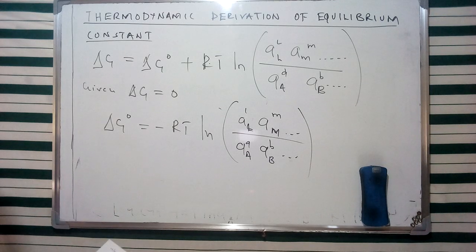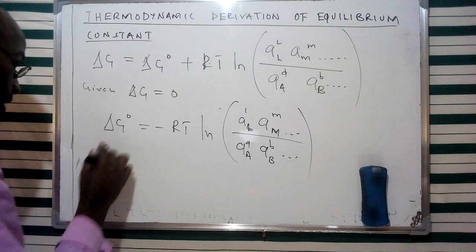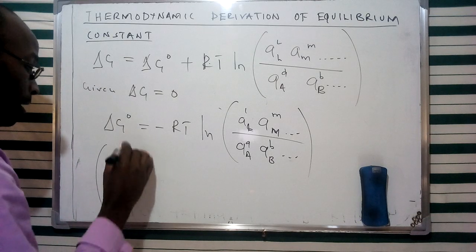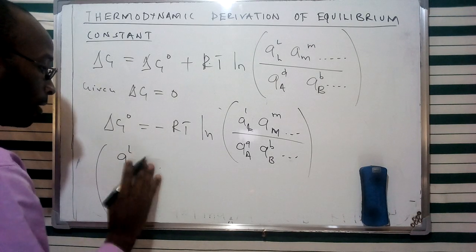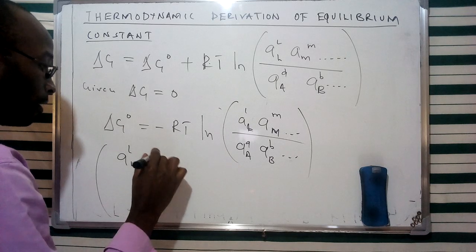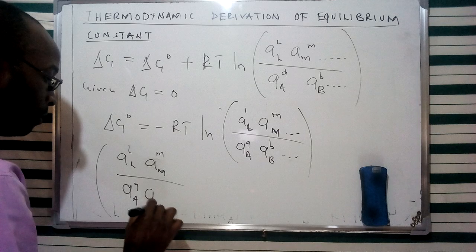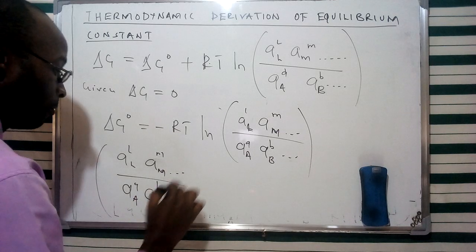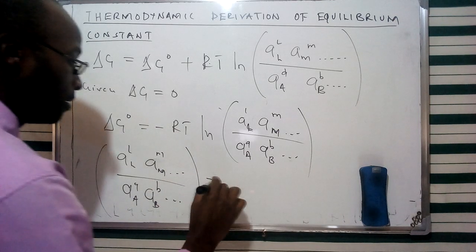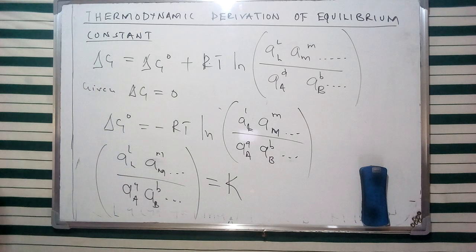And therefore we can represent this specific aspect of A_L^L, A_M^M, all over A_A^a, A_B^b, which is going to be fixed, and this is going to represent K, that we refer to as a thermodynamic equilibrium constant.